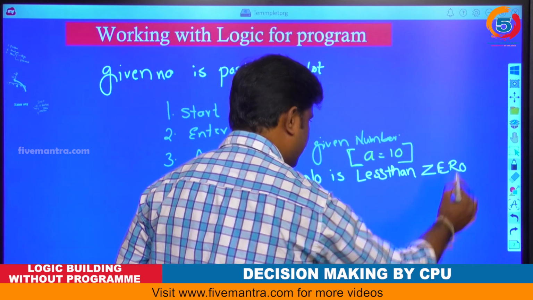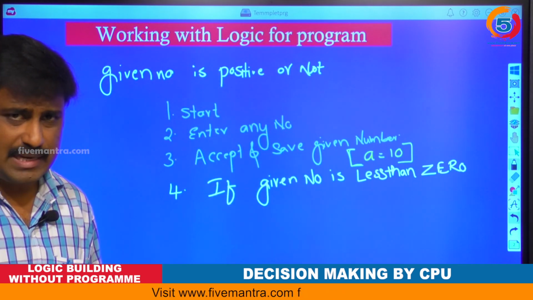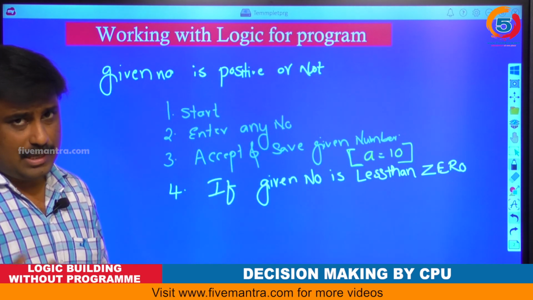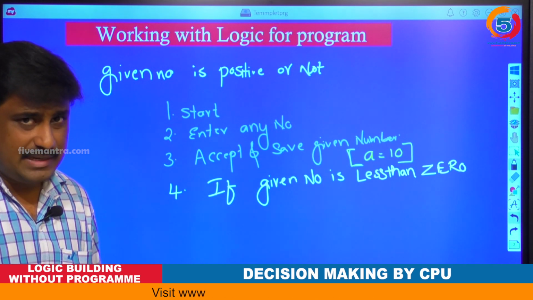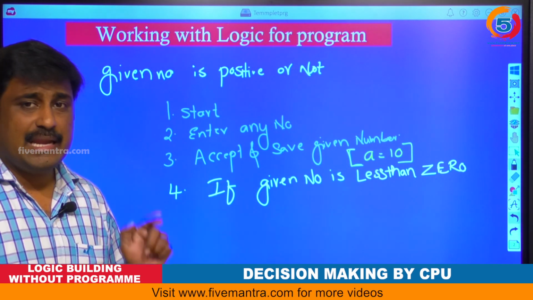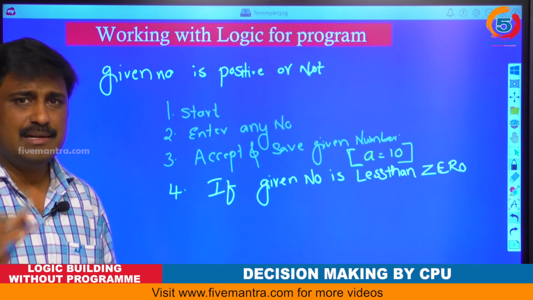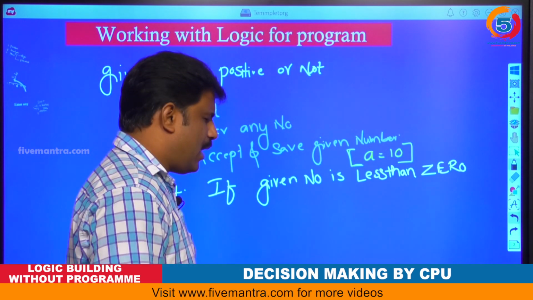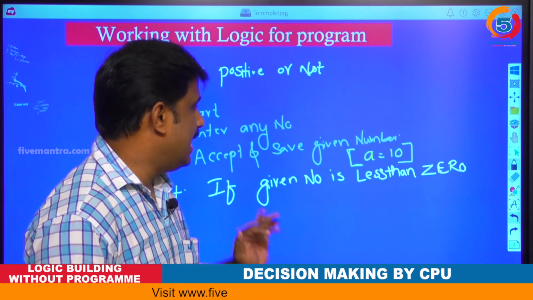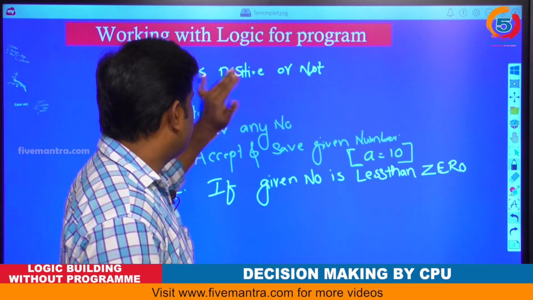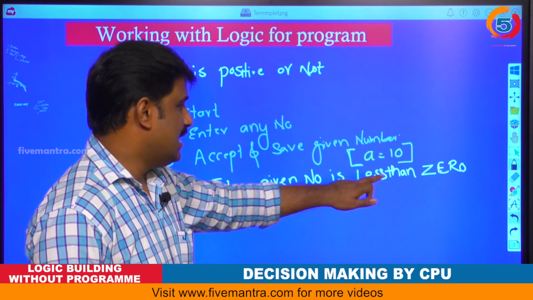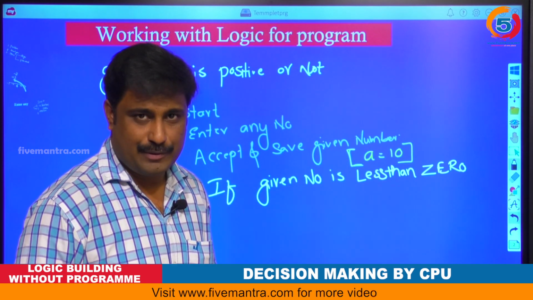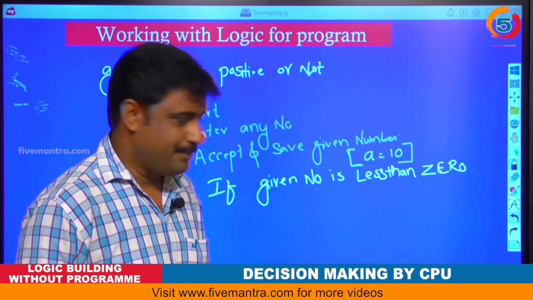Only two options I have. Either given number is less than 0 or equal to 0. But what my intention is, given number is less than 0 means it is a negative number, right? Now I want to find whether given number is positive or not, so if it is less than 0, it is not a positive number.